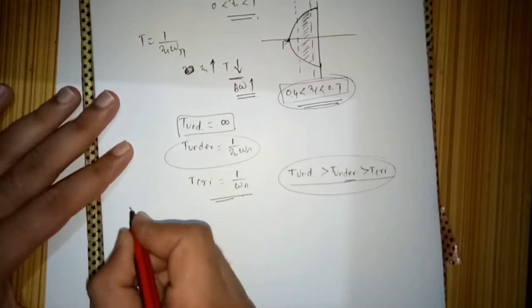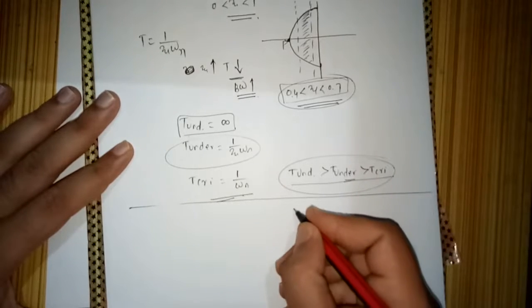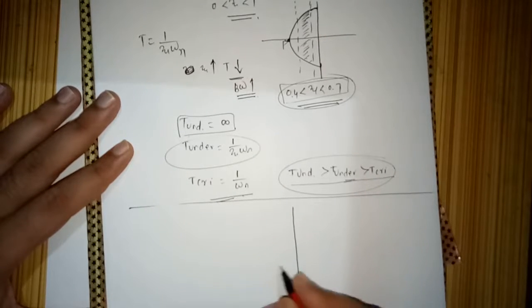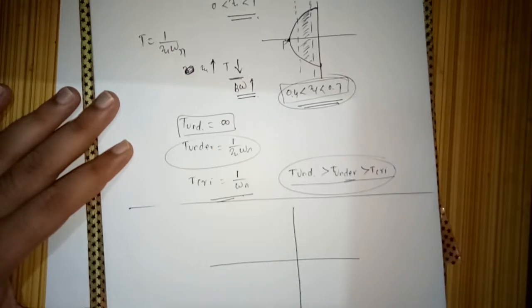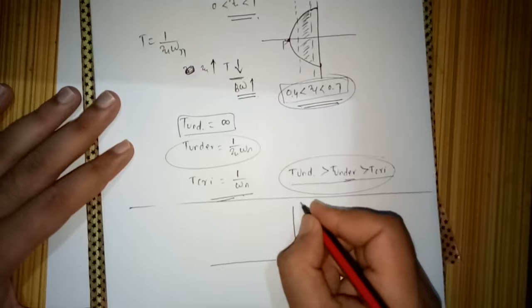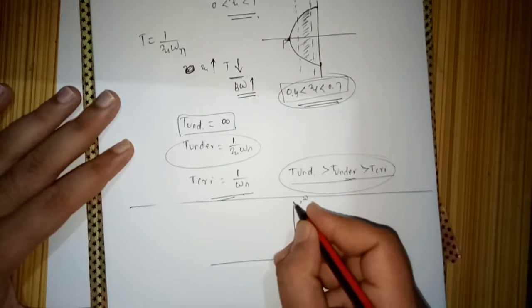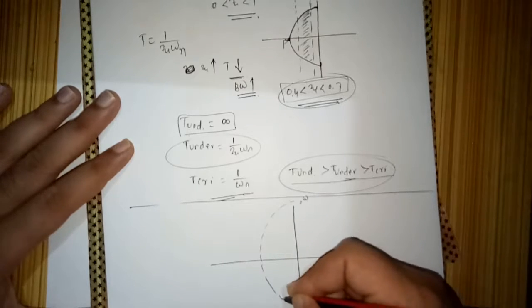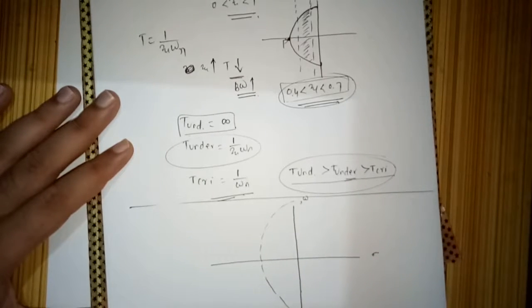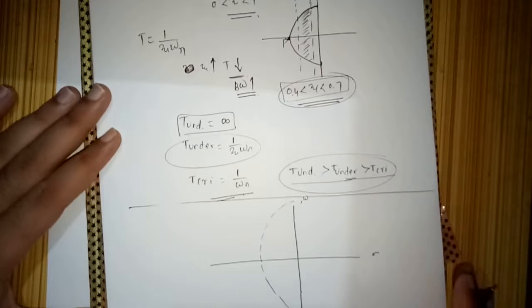Now let's see one more thing. Let me draw the pole location graph. This is my sigma axis, this is the j omega axis. That's how my pole location diagram looks for different values of zeta, right?